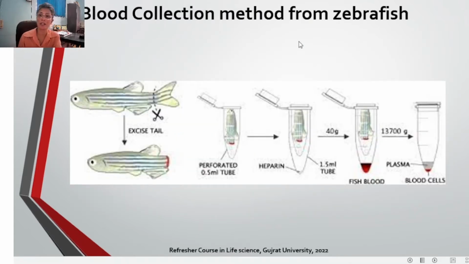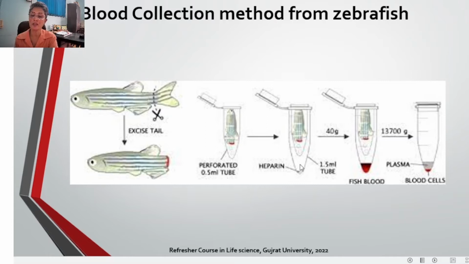Now, blood collection from the zebrafish: how we can collect blood and how we can separate the blood cells from the plasma. The image shows that for this purpose we have to excise the tail of the zebrafish with the help of sterile scissors. After that, we insert the zebrafish with the excised tail into a perforated 0.5 ml microcentrifuge tube, which again is inserted into a 1.5 ml centrifuge tube.